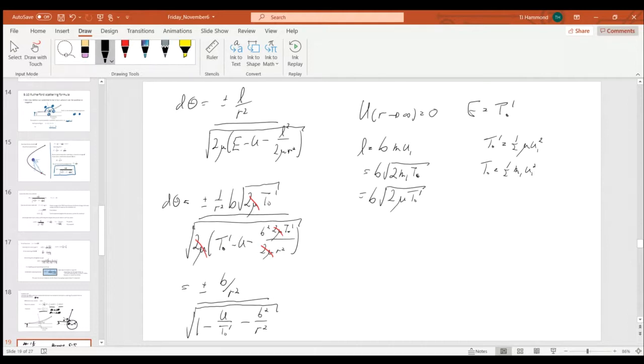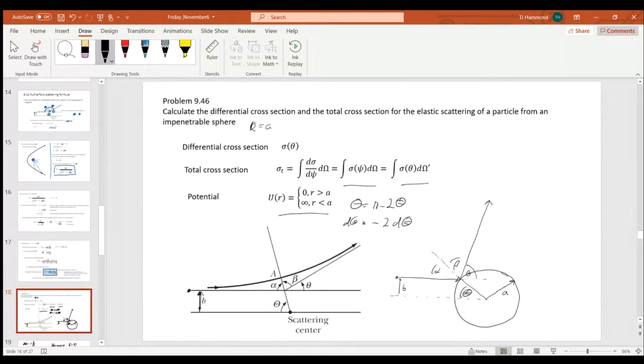What we, of course, want is a differential scattering cross-section, right? So we need to know what theta is, okay?